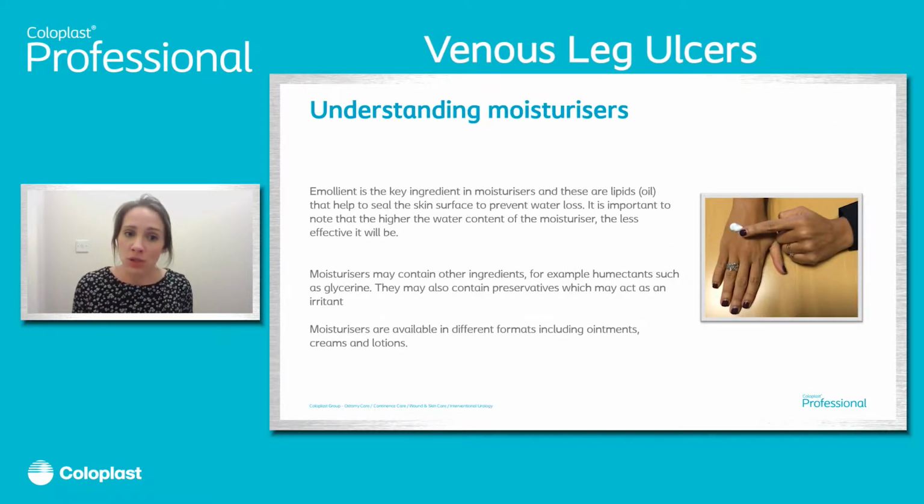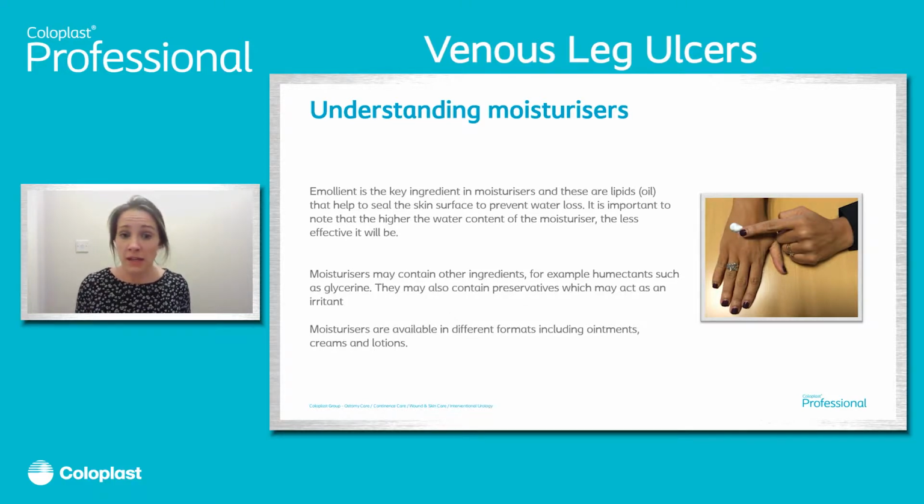So when we look at moisturisers and understanding our moisturisers, an emollient is the key ingredient of moisturisers, and that really does replace the lipid or the oils that helps to seal the skin and prevent that surface breakage or water loss. And it's important that we're using the appropriate moisturisers and emollients to support our patients.